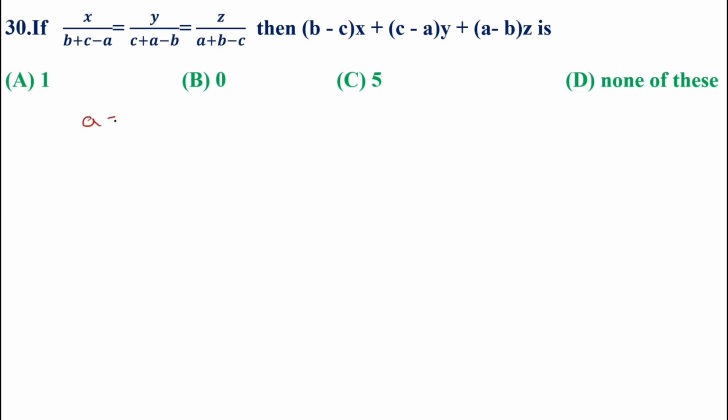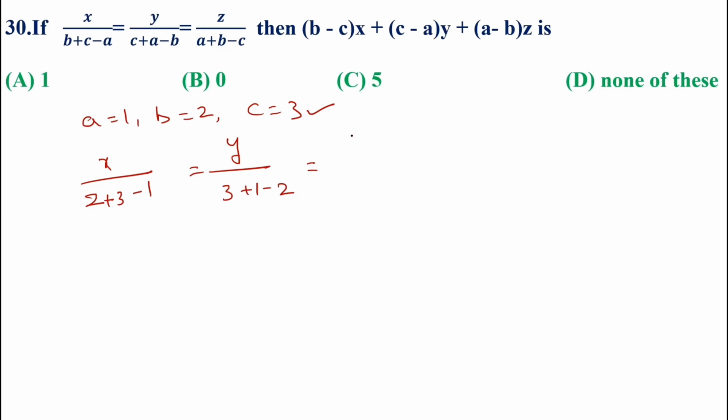Assume A is equal to 1, B is equal to 2, and C is equal to 3. Then do this. You will get an answer. So this will become x by 2 plus 3 minus 1 is equal to y by 3 plus 1 minus 2 is equal to z by 1 plus 2 minus 3.